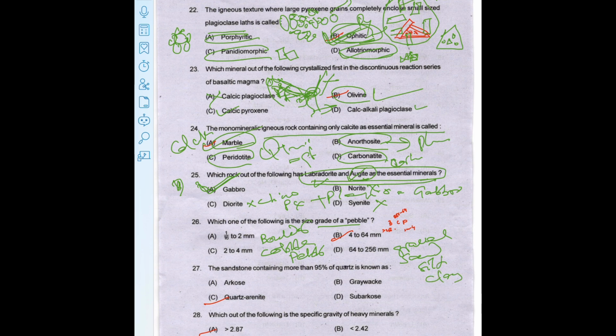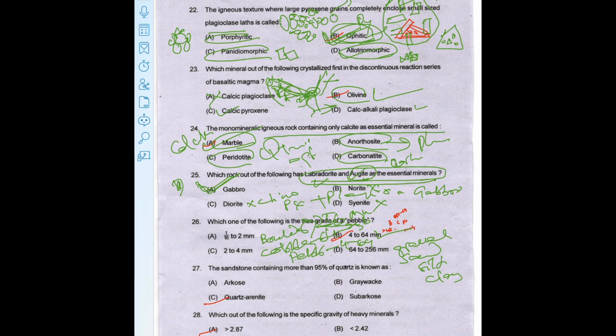So boulder ranges in size with grain diameter more than 256 mm. Cobble is from 64 to 256 mm. Pebble is 4 to 64. So the correct answer will be 4 to 64 mm.